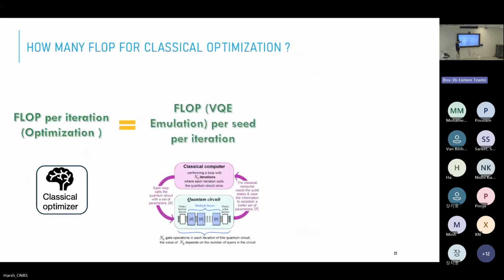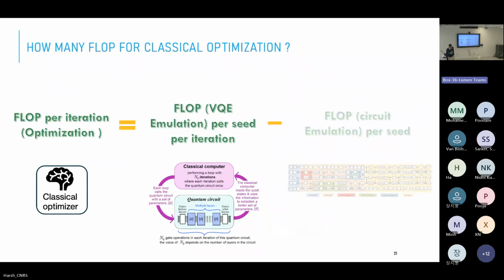Per iteration, how many classical compute resources do I require, in terms of flops? So I measure the flops for VQE. I do it, let's say, 10 times, and I allow it to converge. Per iteration, I know the number of iterations, so I can get the flops per seed per iteration.